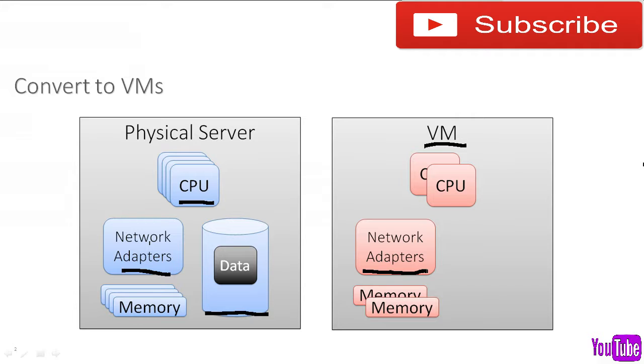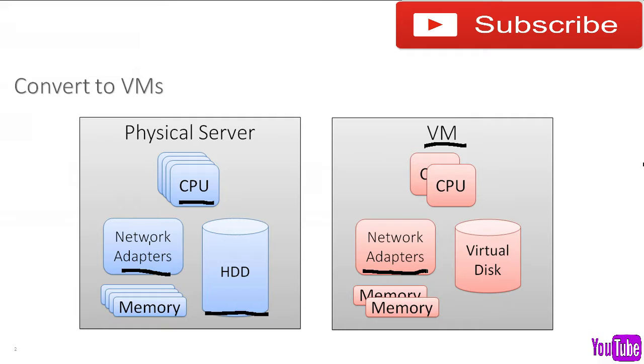So we'll replace our physical hardware with virtual hardware, and we'll replace our hard disk with a virtual disk. This is a file that could be on local storage of the host. It could be on a fiber channel or iSCSI storage array. It could be on an NFS server. Doesn't really matter where.